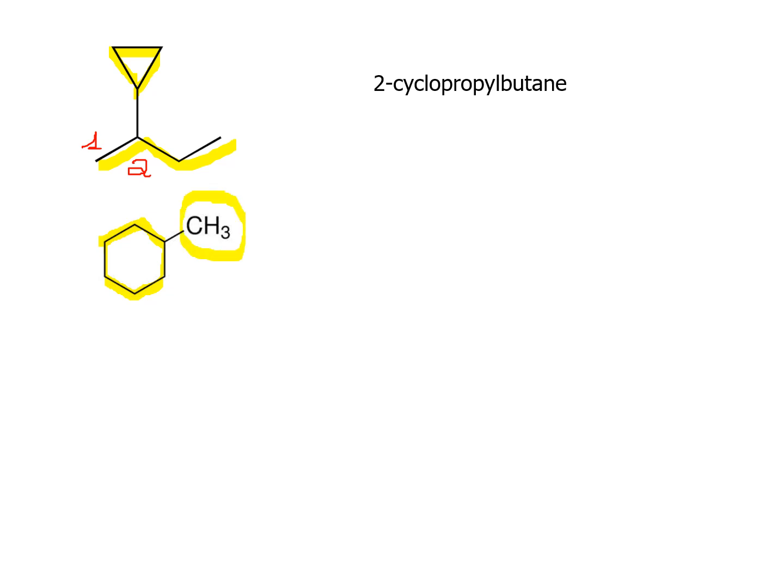So we don't really need any numeration, we can just say methylcyclohexane, because having only one substituent it is by default number 1. But if we have 2 substituents, then we need to tell how close they are to each other, right? Are they adjacent, or is there 1 carbon in between or 2 carbons in between?